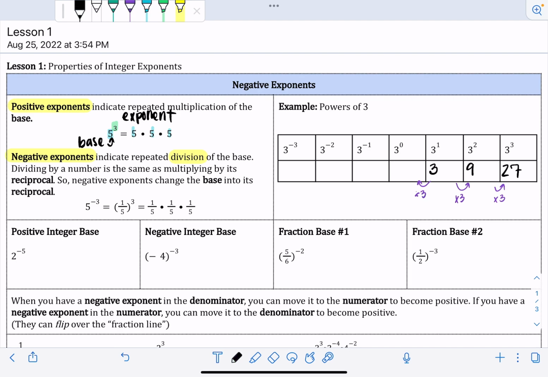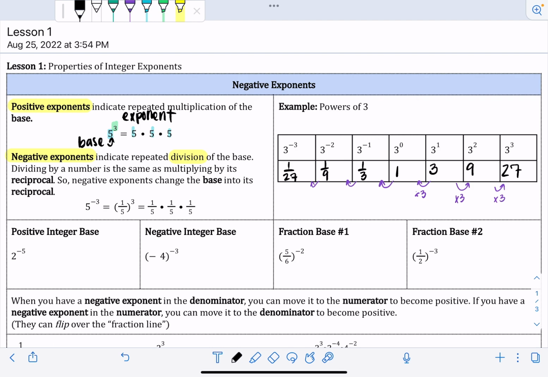So 3 divided by 3 is 1. If I divide by 3 again, 1 divided by 3 is 1/3. If I take 1/3 and divide it by 3, I get 1/9. Then if I take 1/9 and divide it by 3, I get 1/27.